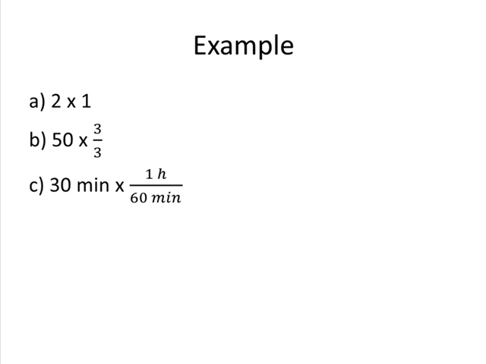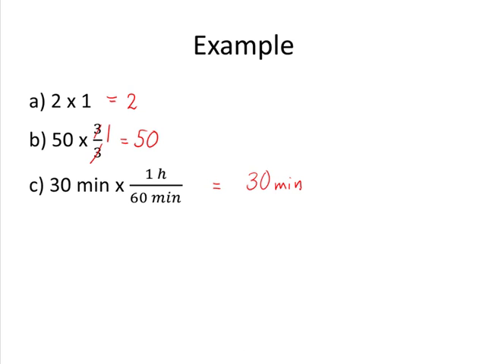The unit factor method relies on the fact that you can multiply anything by 1 without changing the meaning of that amount. 2 multiplied by 1 is still 2. 50 multiplied by 3 over 3 is the same thing as 50 multiplied by 1, and that's still 50. In the same way, 30 minutes multiplied by 1 hour over 60 minutes is still 30 minutes of time.